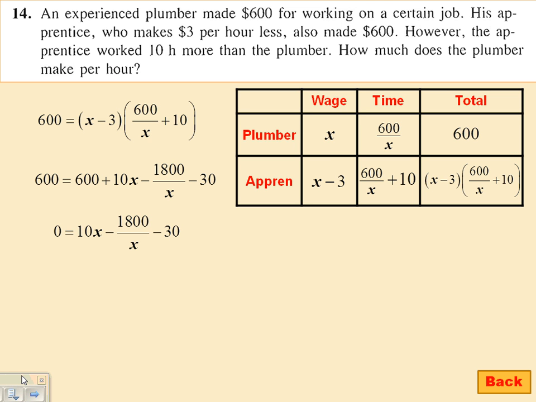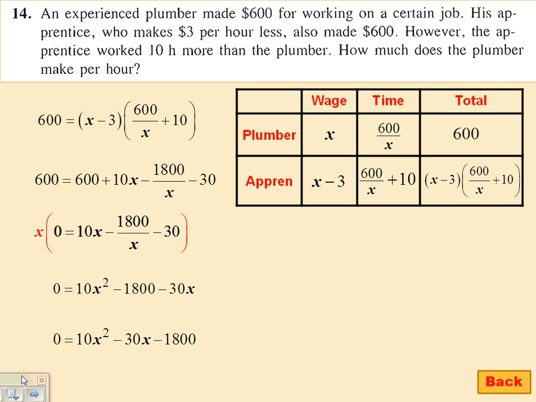What's my lowest common denominator? Well, that's going to be X. So multiply everything by X. I then get 0 equals 10X squared minus 1800 minus 30X. I don't like the arrangement of this, so I'm going to reorganize this. So I'm going to make it 10X squared minus 30X minus 1800.